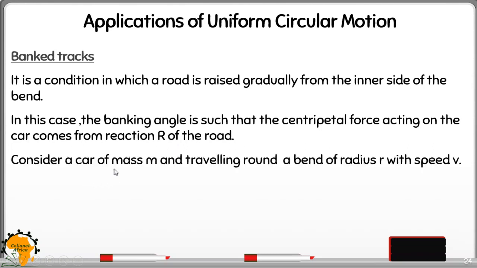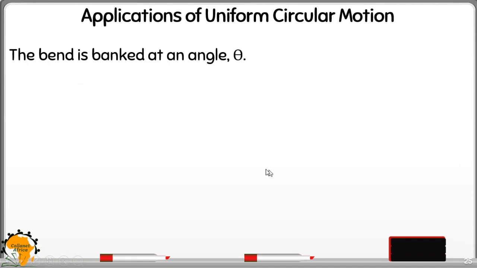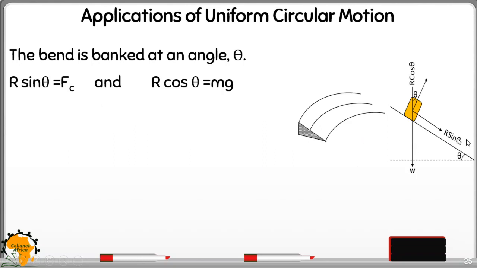We can consider a car of mass m traveling around a bend of radius r with a speed v. The bend is banked at an angle theta, and this is our diagram representing this.